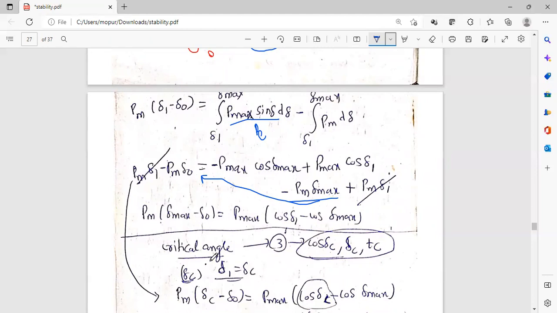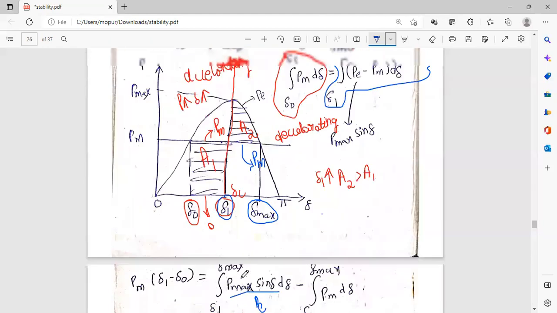Now as I had said, critical angle is delta C. Critical clearing angle is delta C. Corresponding time is critical clearing time Tc. Now let us find out what happens when delta is equal to delta C. As I said, delta 1, the line delta 1 is acting as a boundary.